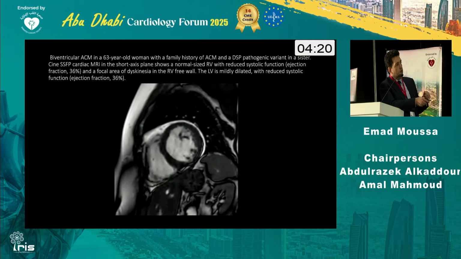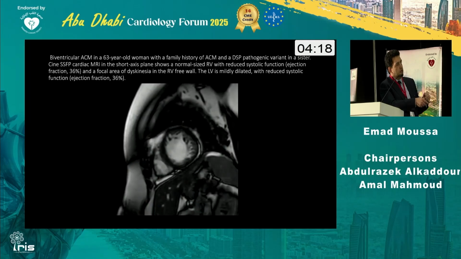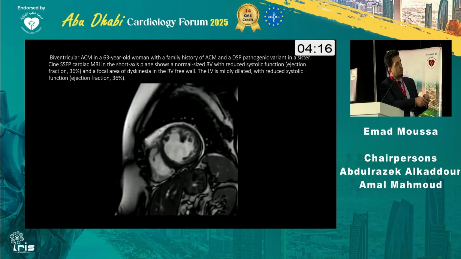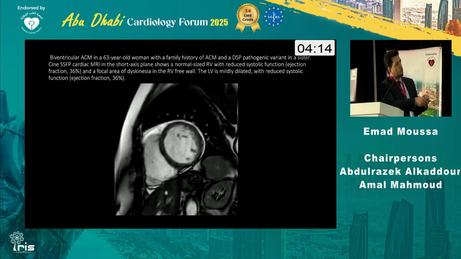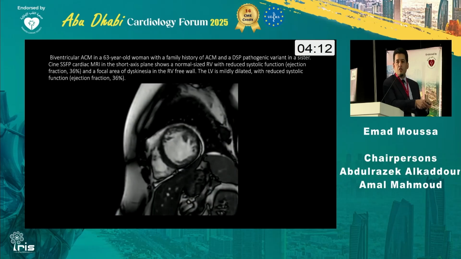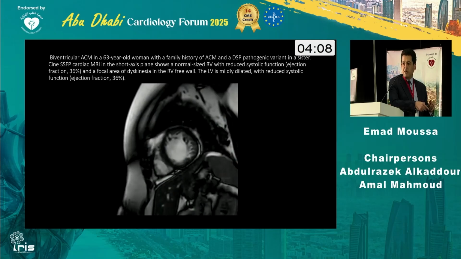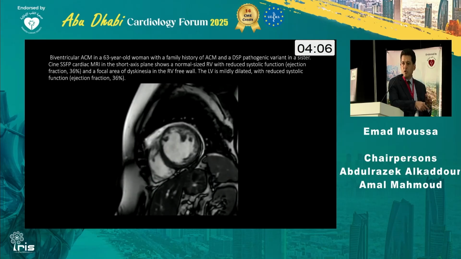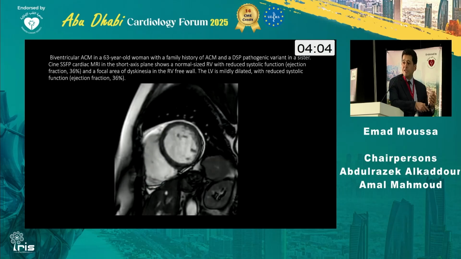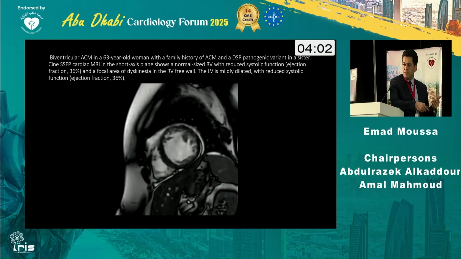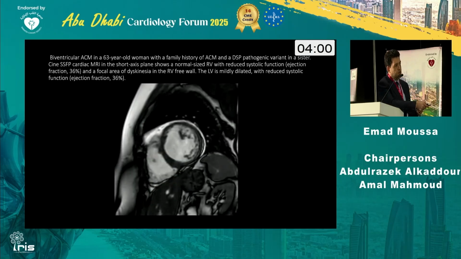And if you look at the remainder of the left ventricle, it looks hypokinetic and it has ventricular dilatation. At this level, you need to be suspicious about biventricular arrhythmogenic cardiomyopathy. There are not many diseases that can share such morphology and such involvement of both ventricles together.